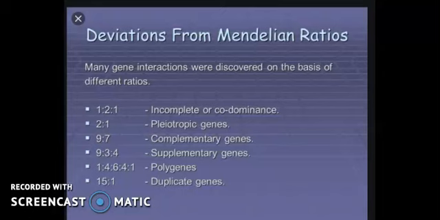Therefore, this is called post-Mendelian genetics or neo-Mendelian genetics or non-Mendelian genetics. They found a lot of changes in the phenotype output, which was due to gene interaction.